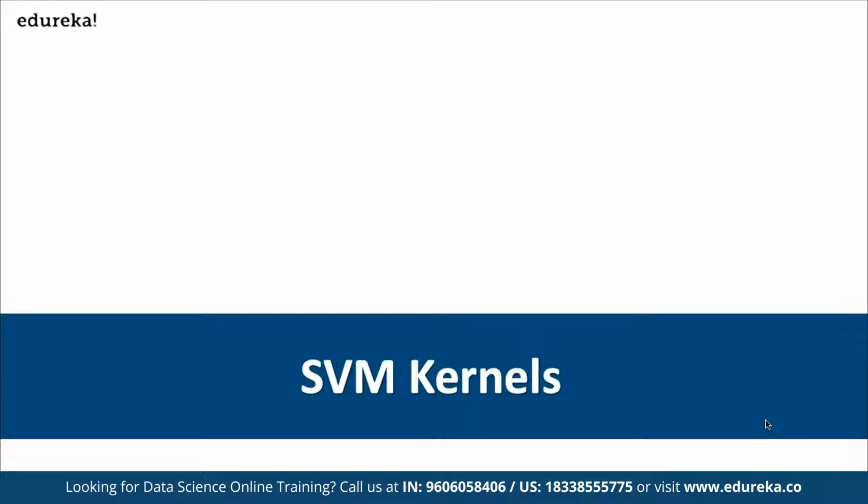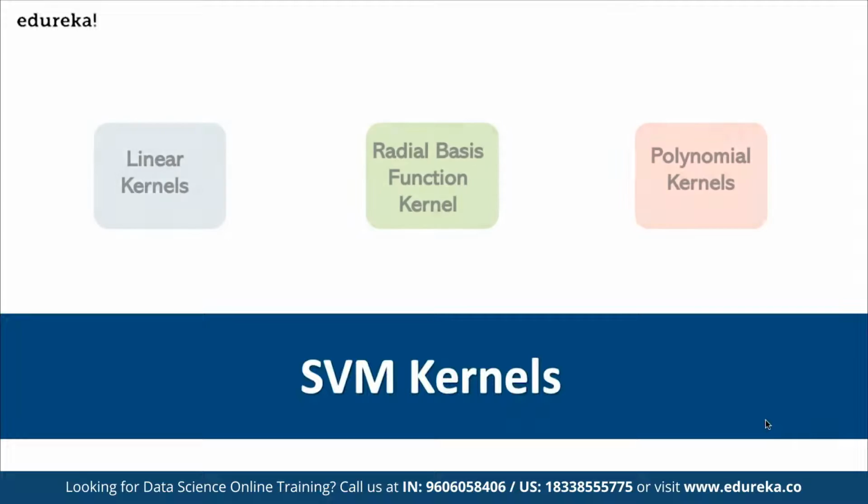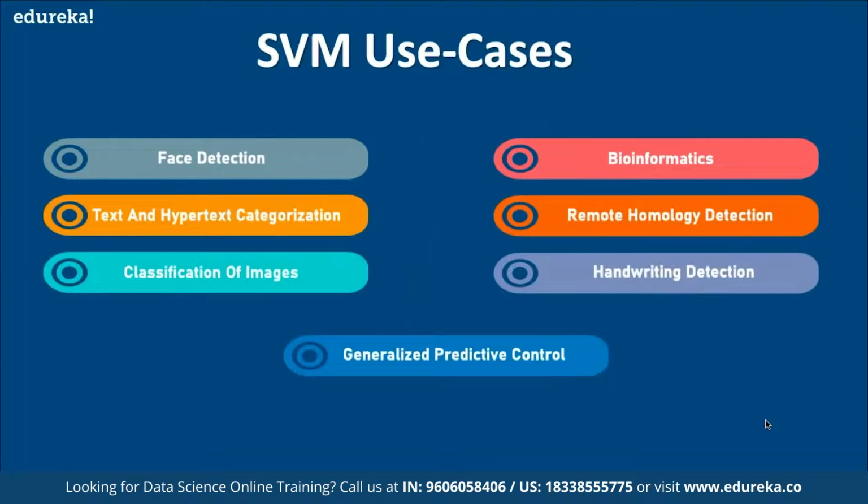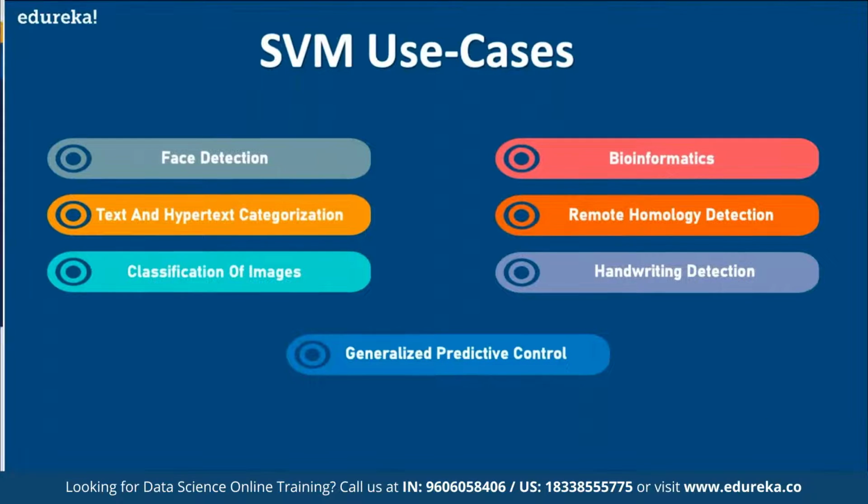We can use it for face detection, for text and hypertext categorization, for classification of images, for bioinformatics, for protein fold and remote homology detection, and also for prediction control, as we discussed in SVM. So these are the different use cases that are currently available.